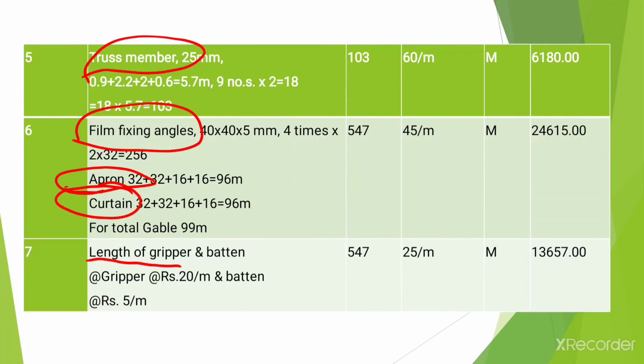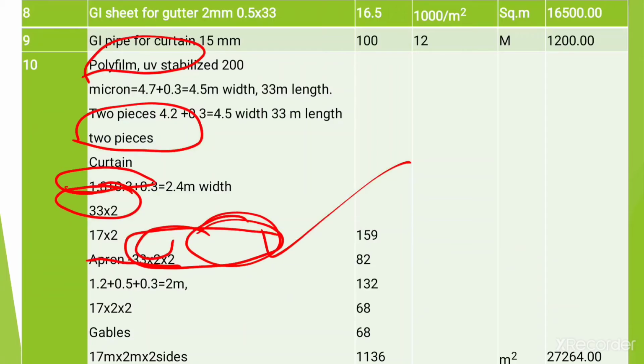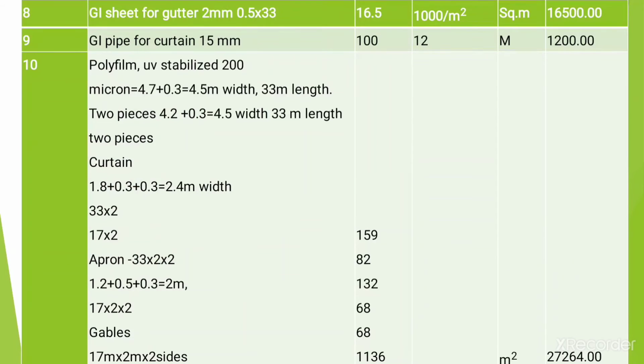Then length of gripper and battens. Gripper and battens are used to fix the covering material, so we have to consider this cost also. Then GI sheet for gutter, then GI pipe for curtains, then polyfilms, where UV stabilized polyfilm is selected.